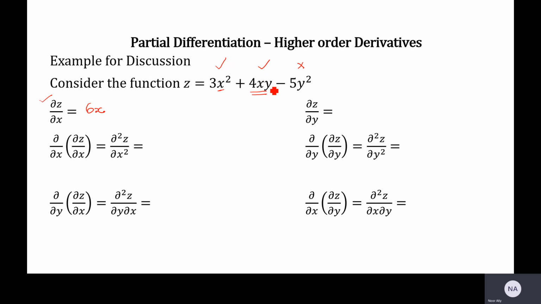So I'll be keeping the y and the 4 as constants. So I'm going to write down plus 4y, because those are my constants. Now I differentiate x, and the derivative of x is equal to 1. So that answer will simply be 4y.